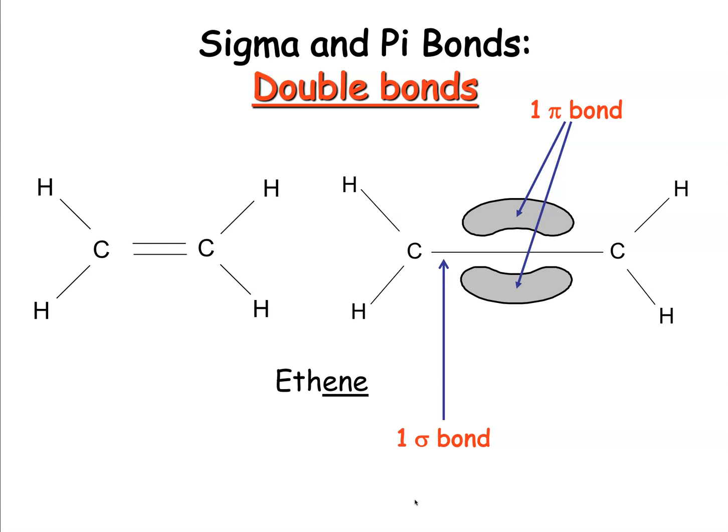Now, I know this looks like there's three things on the screen, but you have to realize that this is one entire pi bond, as the orbital overlap exists both above and below at the same time. Questions on this image?